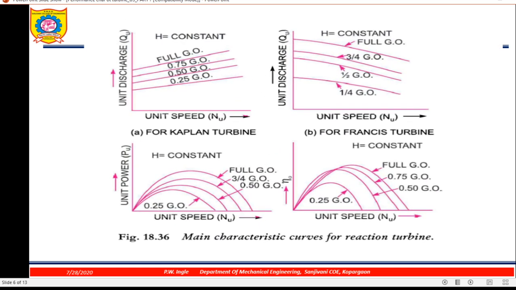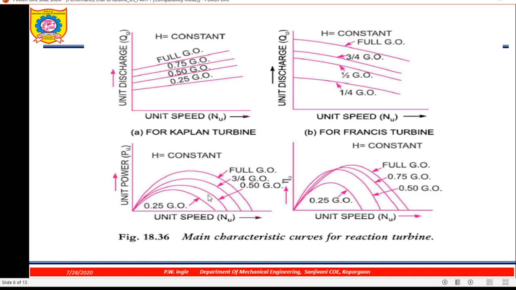Before that, just see how we get characteristic curves for the Kaplan turbine and for the Francis turbine. For the Kaplan turbine, these head curves are rising, and for the Francis turbine, these head curves are falling. Sorry, these are for the Kaplan turbine, these are for the Francis turbine.